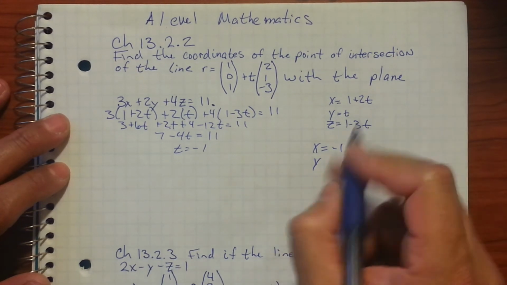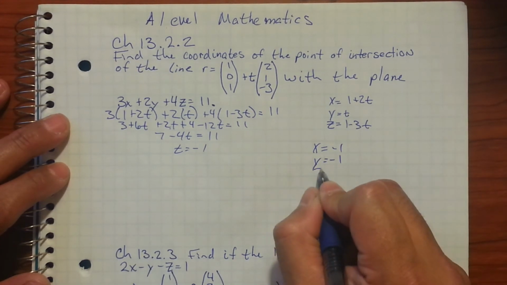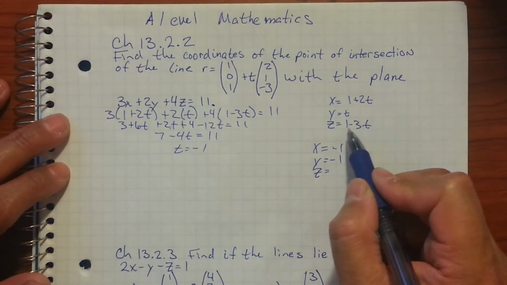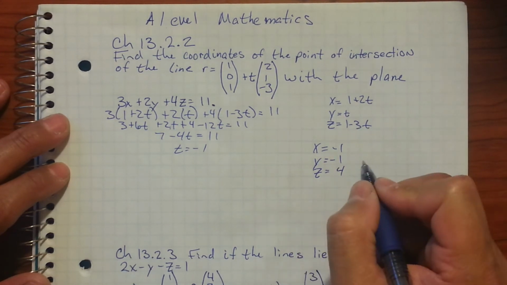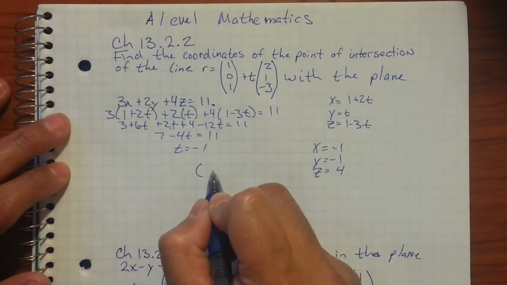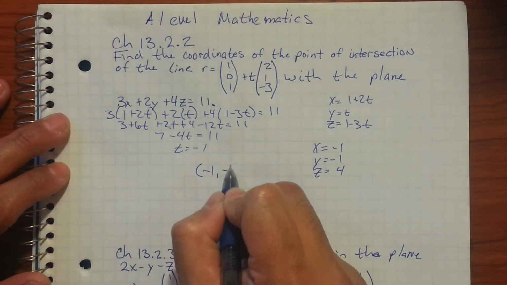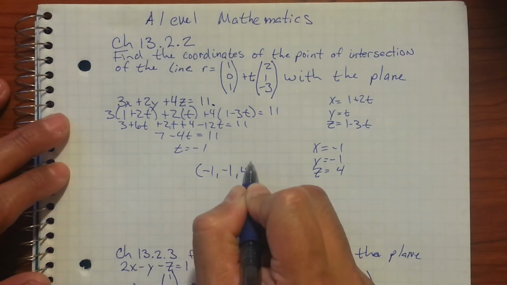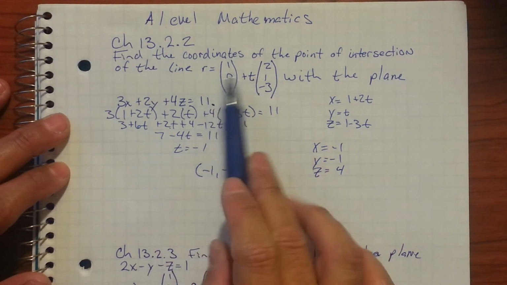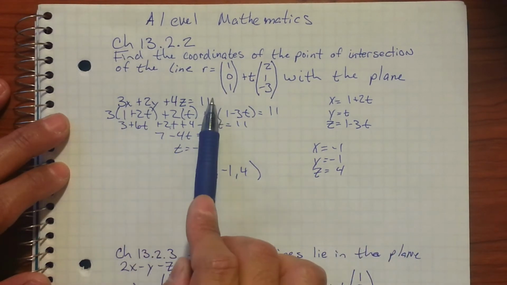Y value, that'd be negative 1. Z value, that's going to give me positive 3, that's going to be a positive 4. So x, y, and z, my coordinate is going to be negative 1, comma, negative 1, comma, 4. So at that point is when this line right here is going to intersect that plane.